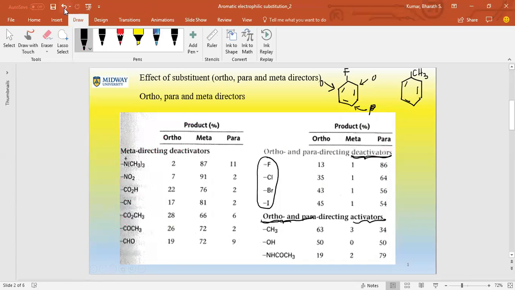But for now, let's just focus on this: these are also ortho-para directing activators, because these are electron deficient groups, these are electron rich groups. So these are activators, these are deactivators. But the point here is any one of these groups will direct the incoming electrophile to the ortho position or para position. Okay, now let's say we also did NO2, right?